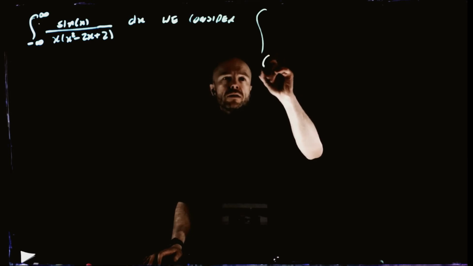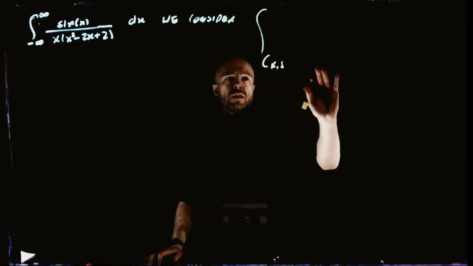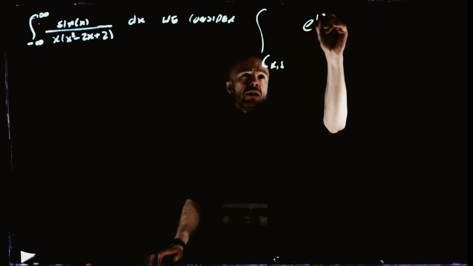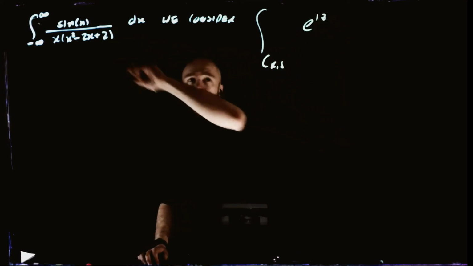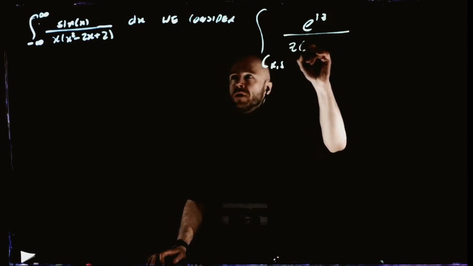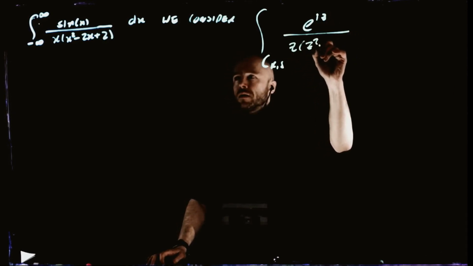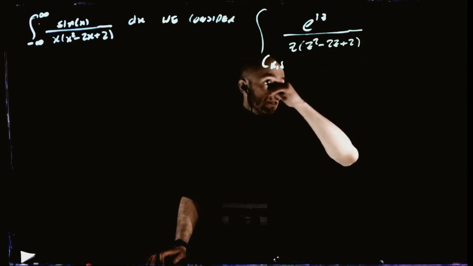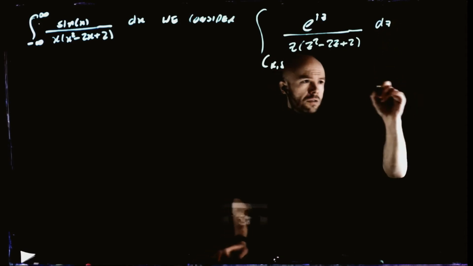I'm going to write the integral over C of capital R, delta of e to the iz, because we've learned that this is how we get these trigonometric functions, and then z over z squared minus 2z plus 2 dz, where we have a contour like this.